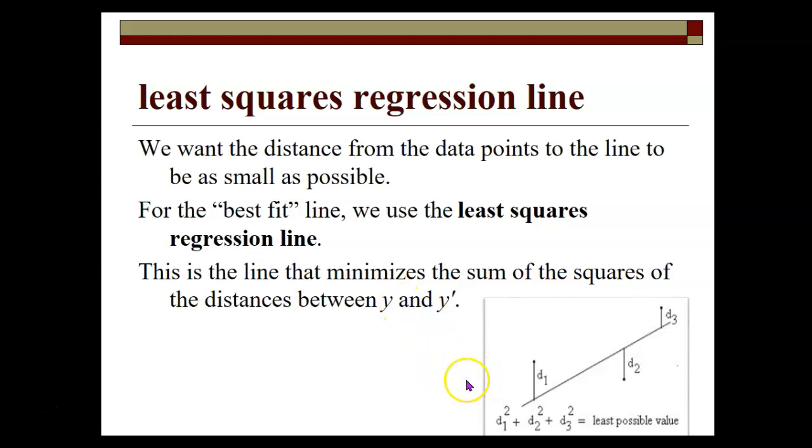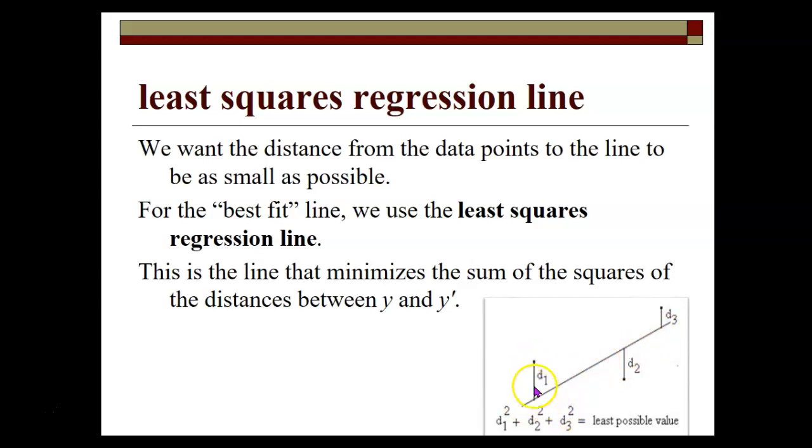Well, the way statisticians do this is they define the best line as the one that does the best job of minimizing the difference between the actual y coordinate of your data point and the y coordinate of the point that's on the line for that x coordinate.